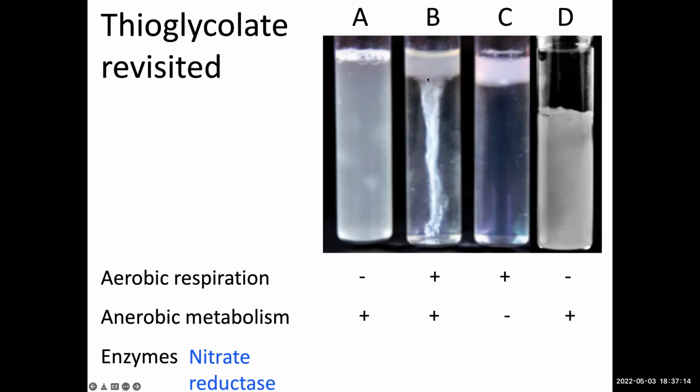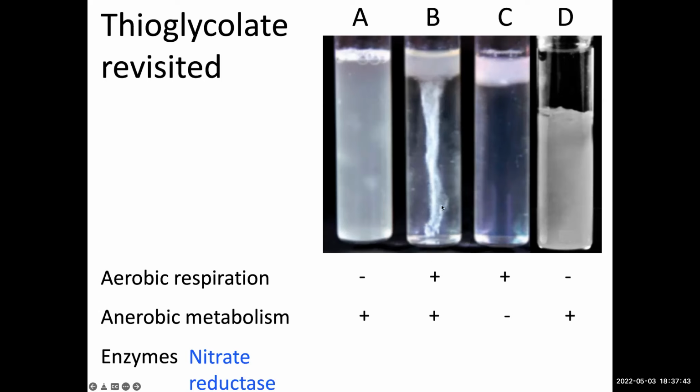What do we call this category of organism that grows well at the top near oxygen and can grow without oxygen, but just grows slower? Yeah, this is a facultative anaerobe.